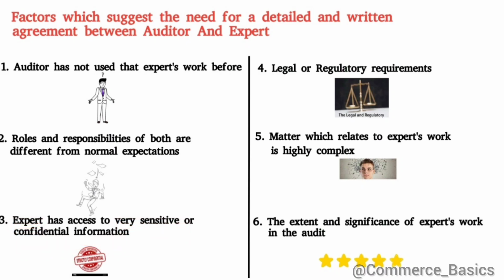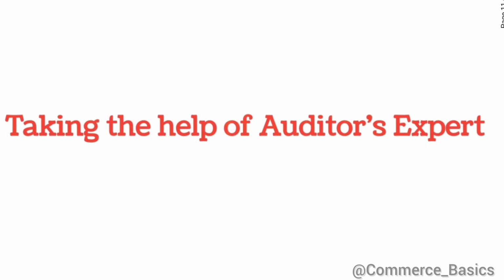And if law or regulatory requirements are there, then they have to maintain a written agreement. And if the expert's work is highly complex, or the work is very significant in the audit, then also there should be a written agreement. So these are the matters that the auditor and expert should agree with each other.